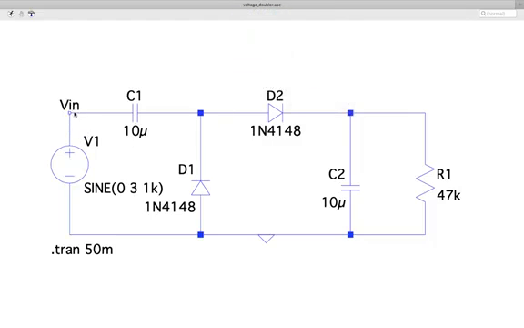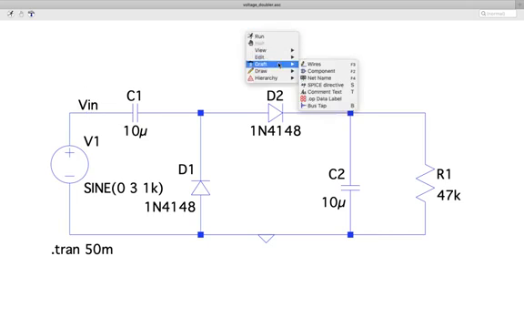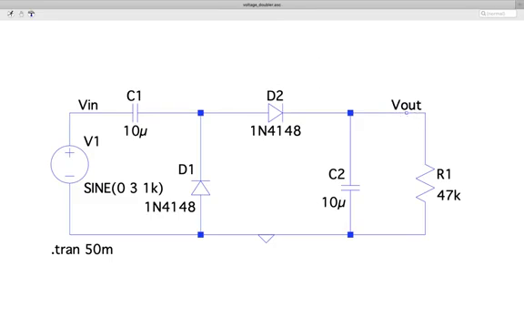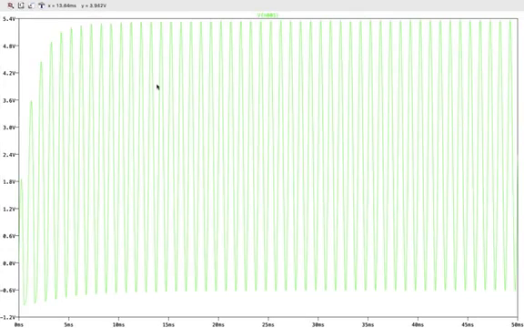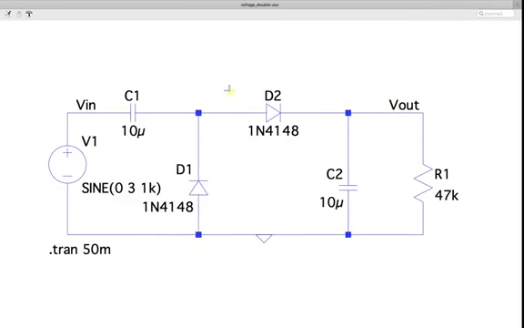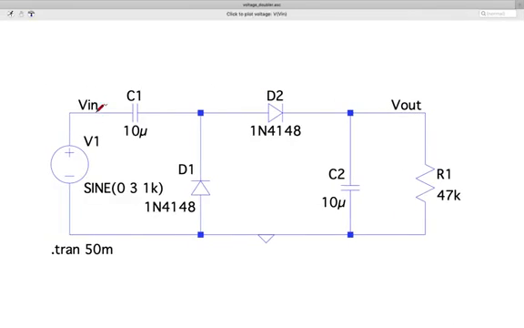This is my V in, and just name the other one V out. So just name these two nodes V in and V out. Do the simulation again, and just plot V in and V out.